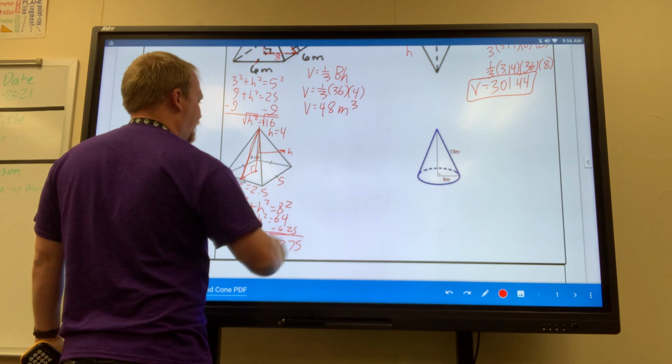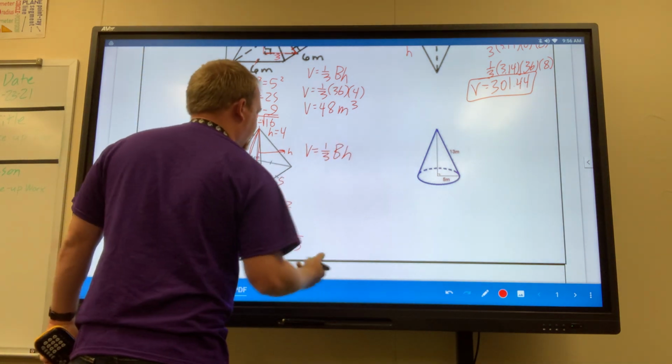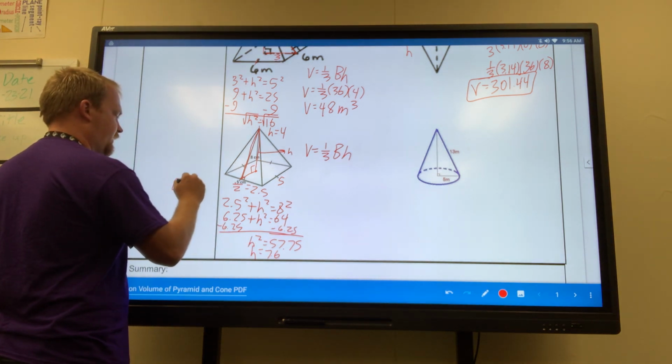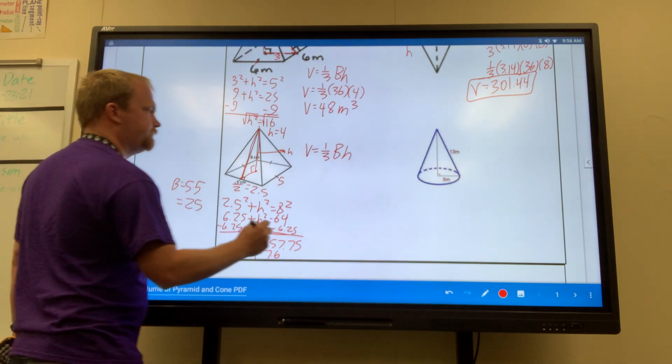So, now that I know what my H is, all I got to do is find the area of the base, which in this case is 5 times 5, which is 25.